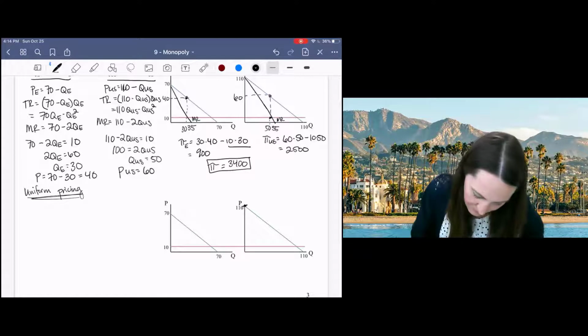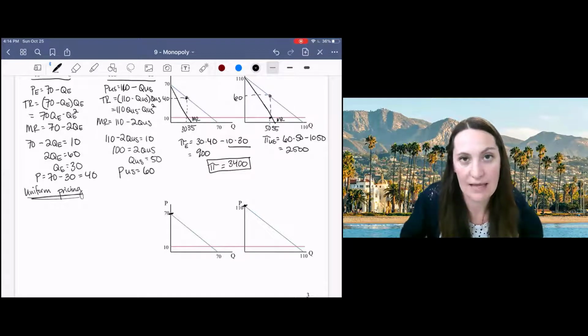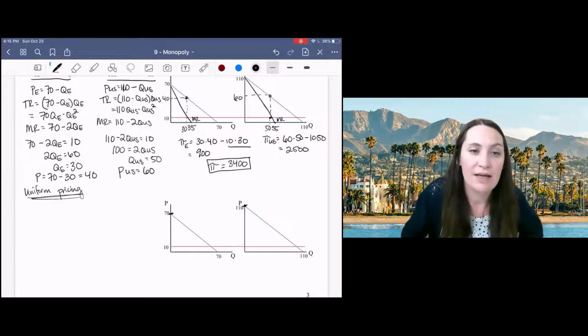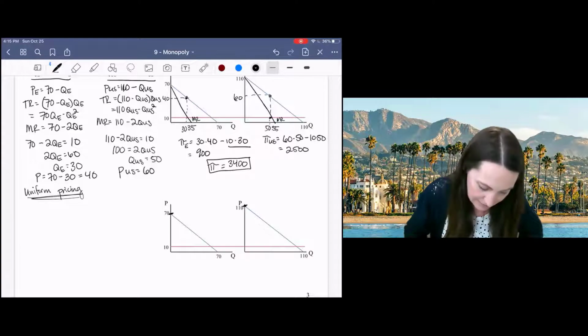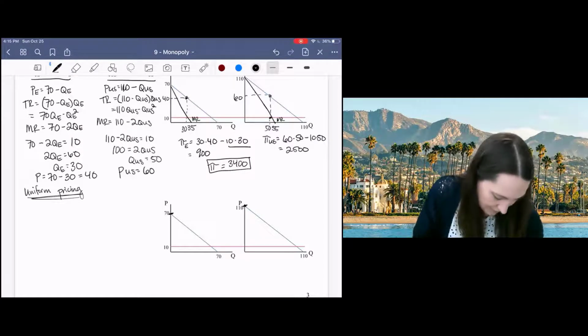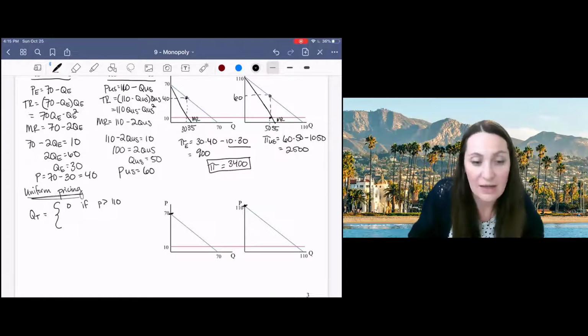Recall that we need to pay attention to the highest price that people are willing to pay in these markets, because that's the choke price, and our market demand curve is actually going to be discontinuous or kink at those prices. So when we write out our total demand, we can see that it will be 0 if the price is greater than 110.